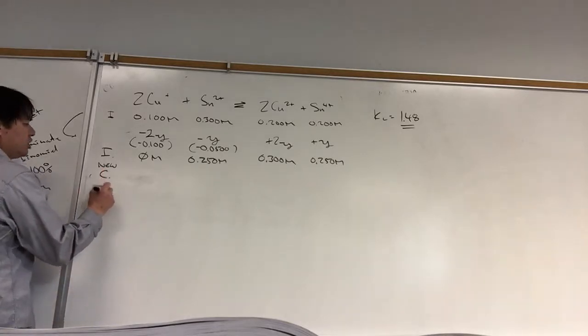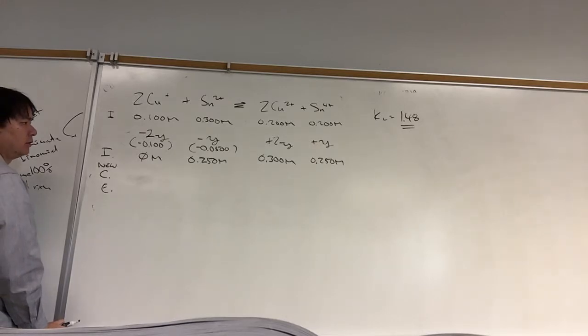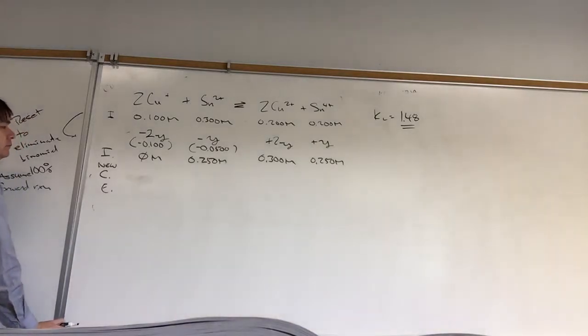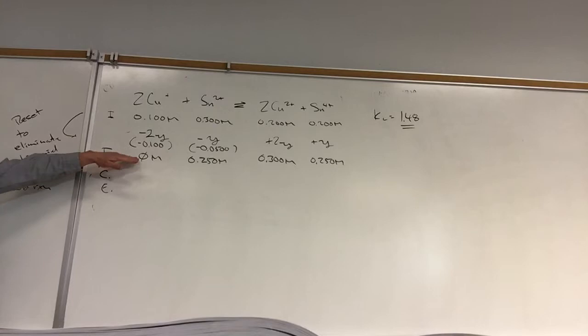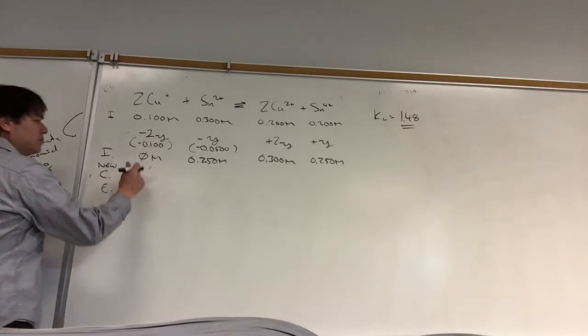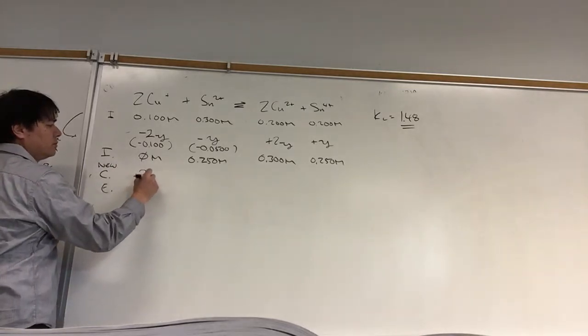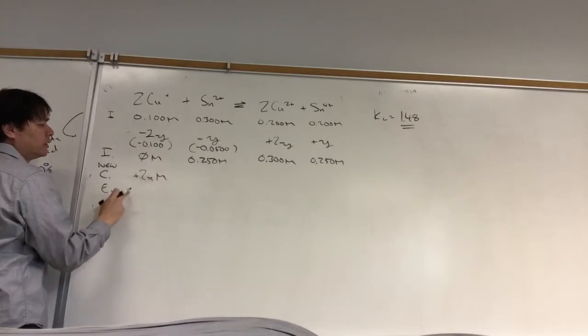All right, now the change. We don't have to calculate a Q. We can figure it out. How? Q is not necessary because if we have 0, can we go below 0? No, it has to go above 0. So we cannot lose from 0. We have to gain. And so this is going to be plus 2x. And so whatever side there are zeros, that's the side we're going to go to.